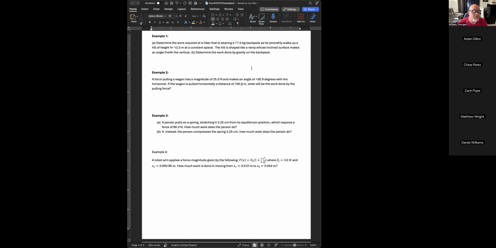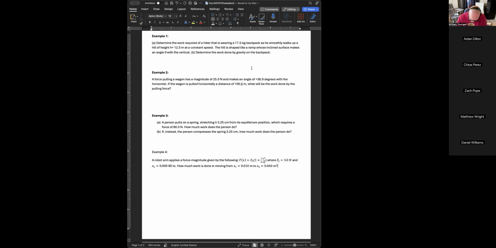The hill is shaped like a ramp whose inclined surface makes an angle theta with the vertical. Notice I said that's with the vertical, which is different than what we normally do. B, determine the work done by gravity on the backpack. That's the problem we're asked to work on in this first example.